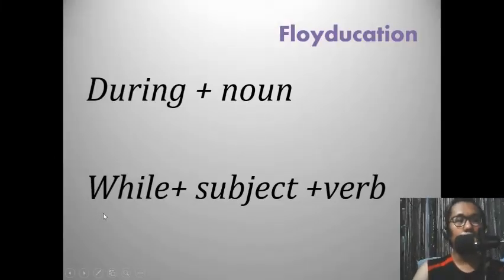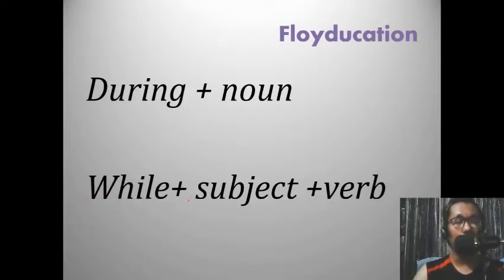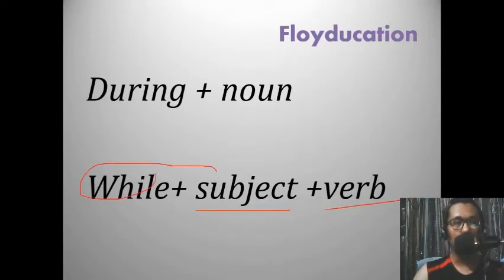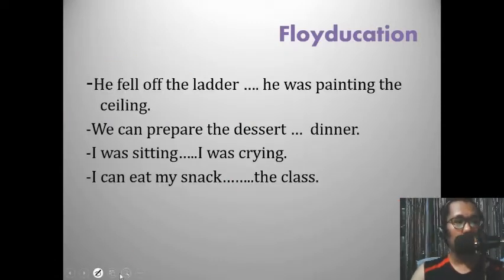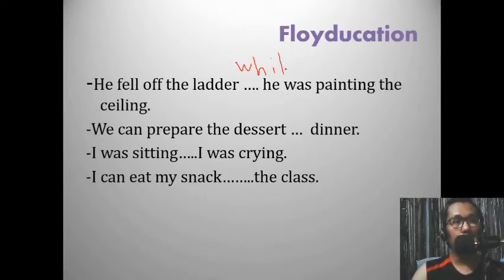When we use during, it is plus a noun. While is plus a subject and a verb. So noun, during. Let's try this one. He fell off the ladder while he was painting.